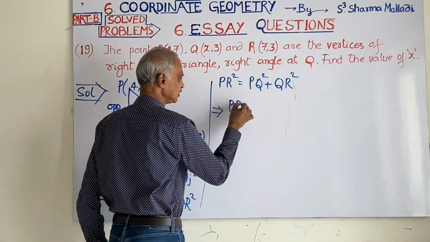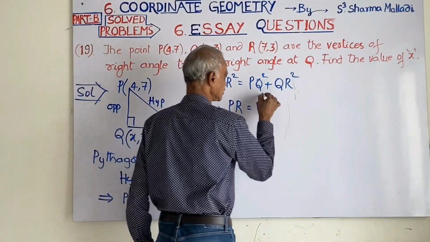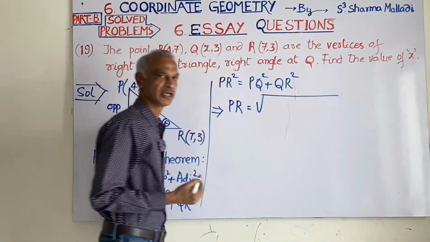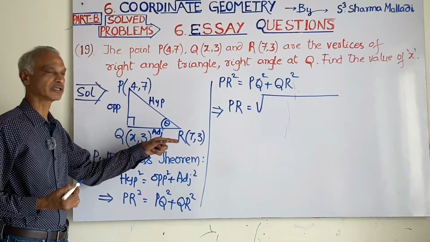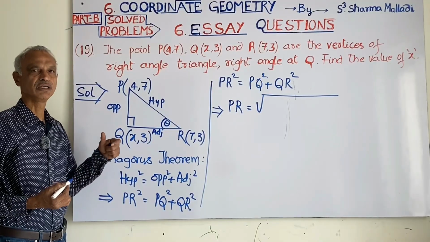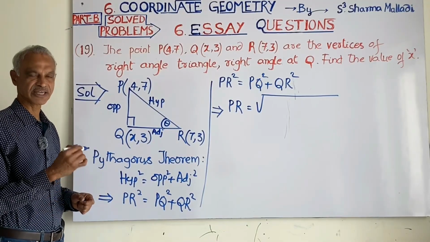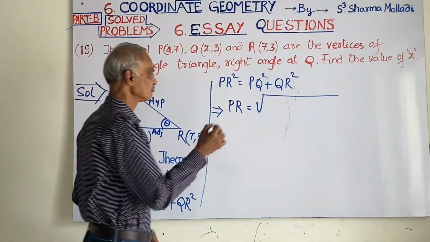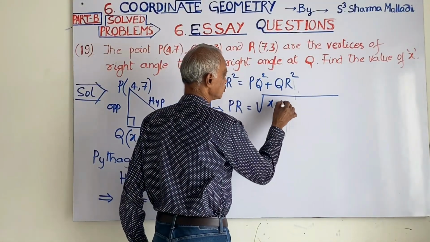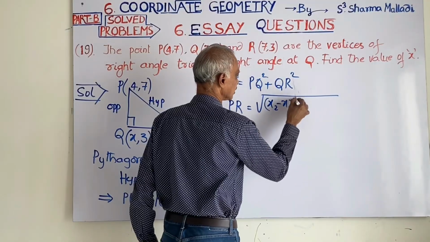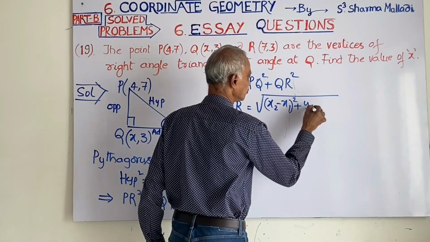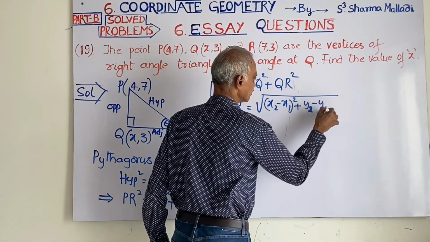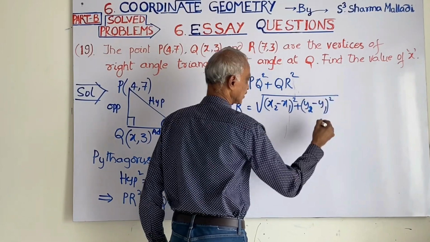You know the distance between 2 points. What is the distance formula? If x1, y1, x2, y2 are given, square root of x2 minus x1 whole square plus y2 minus y1 whole square. First you write the formula.